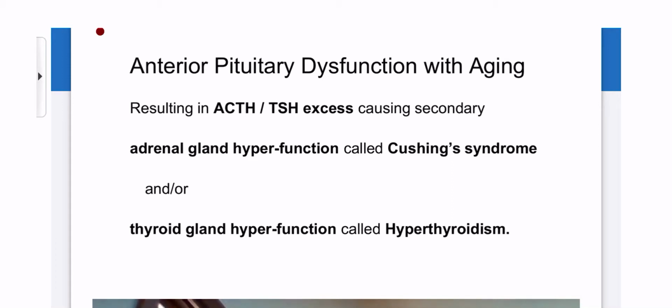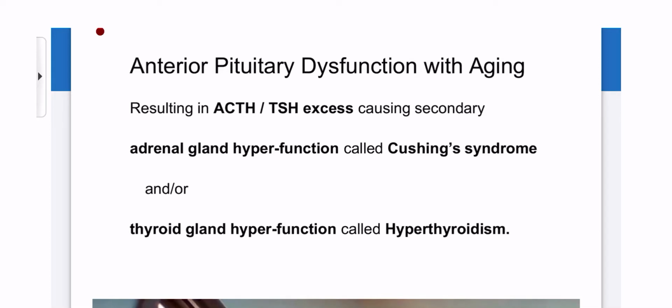Let's think about anterior pituitary dysfunction with aging. If the pituitary gland is not functioning properly, this results in both ACTH, the adrenocorticotropic hormone, and thyroid stimulating hormone excesses.